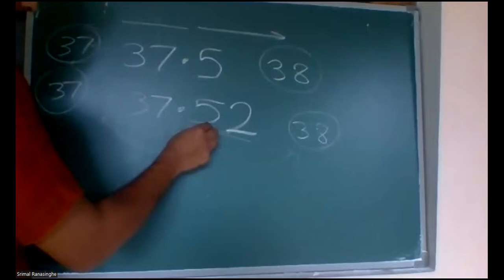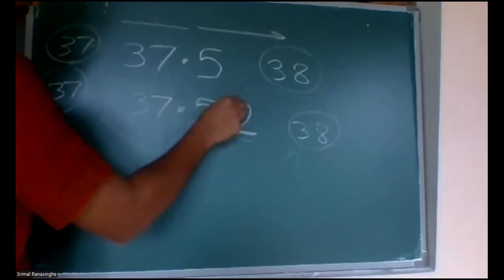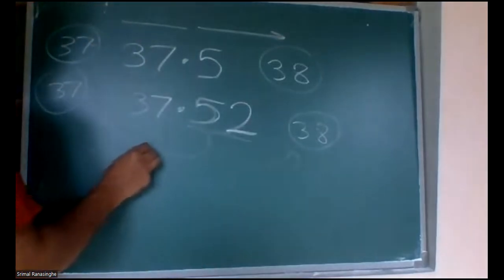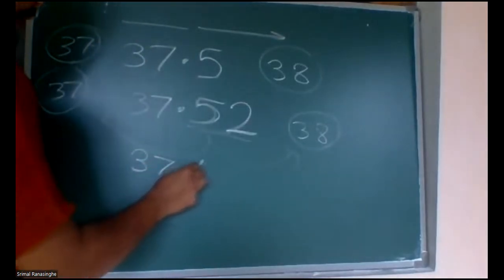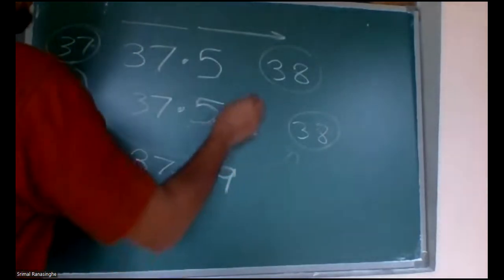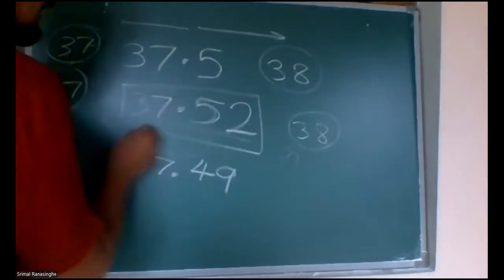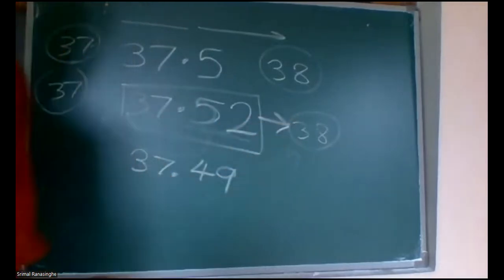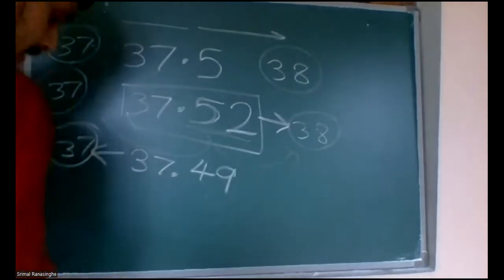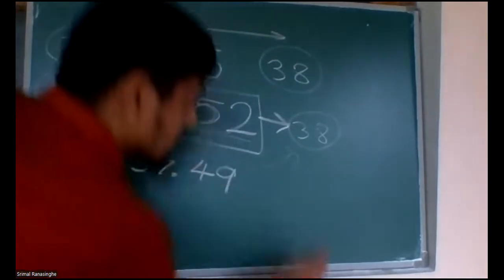Why? This is nearest to 2 5, no? Assume 37.49. What will happen? 37. Right? Understand? Yes, sir. All of you?